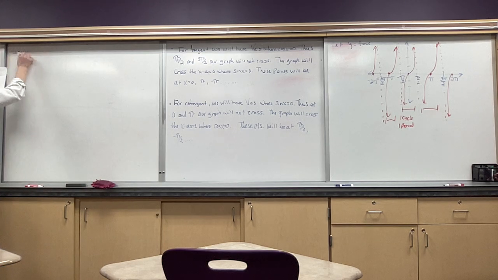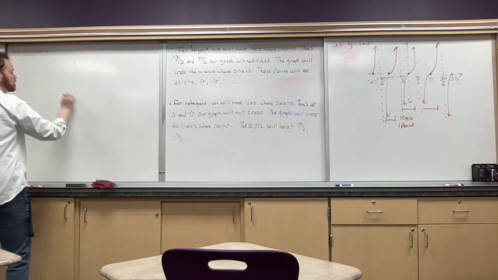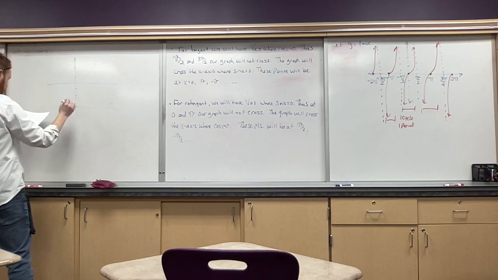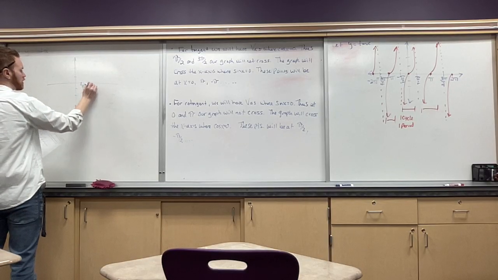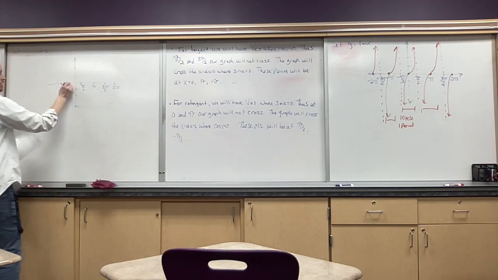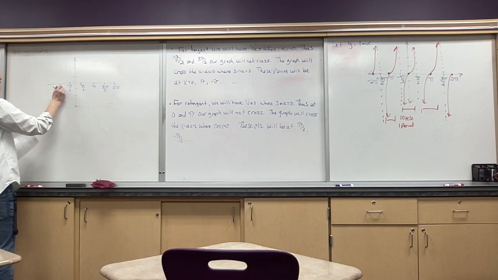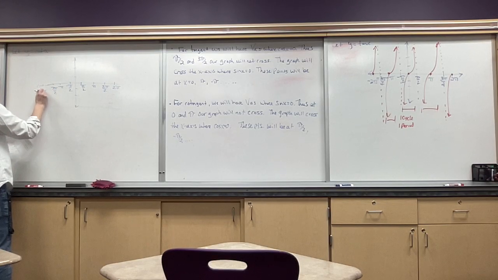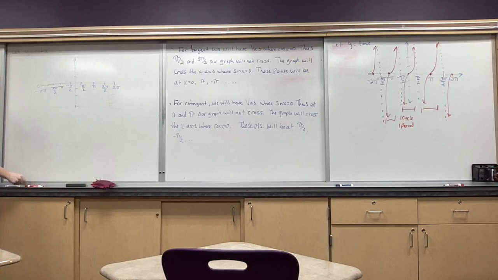So let's let y be cotangent of x. So our vertical asymptotes are a little bit different, and it sucks that I erased the table, but it is what it is.